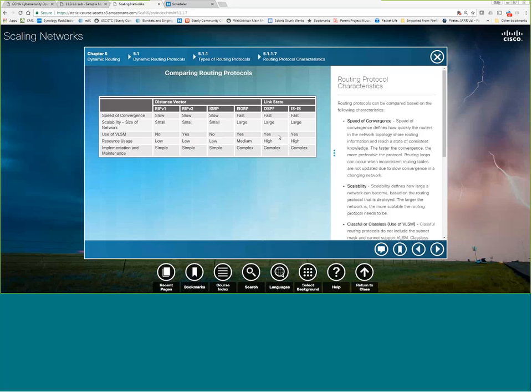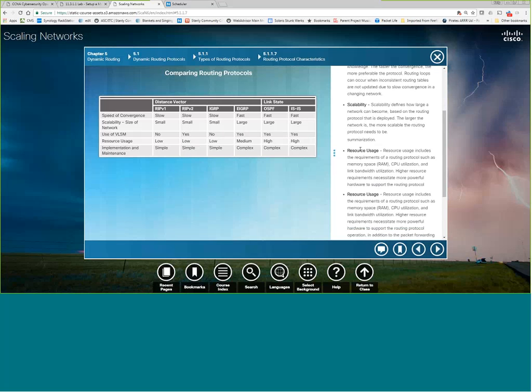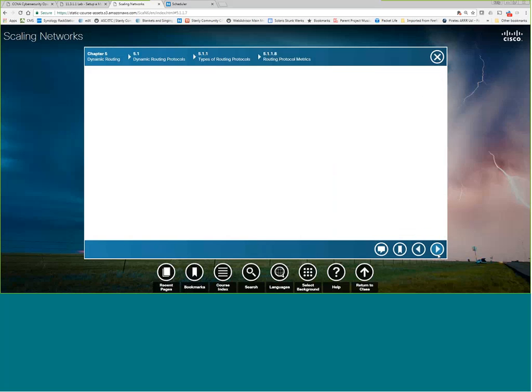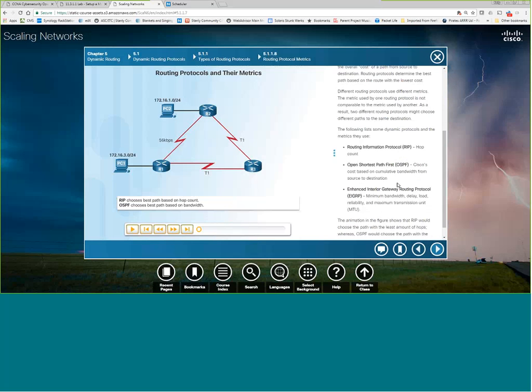And in OSPF, you've got to build a topology table, and you've got to do the same thing with EIGRP, build a topology table. Then you have to run through your algorithm. So there's pretty high resource usage on those two. And then you look at your implementation. It's very simple to implement RIP v2. And as you move up, it's a little more complicated to do EIGRP and OSPF. It's not crazy hard, but it's a little harder.